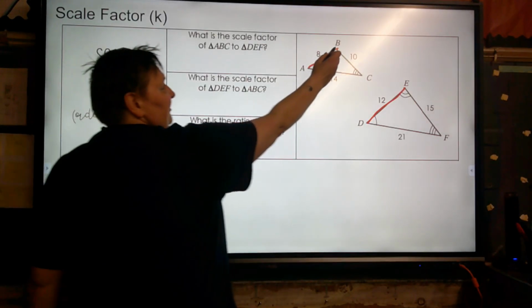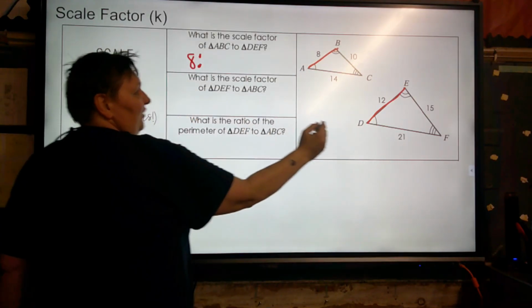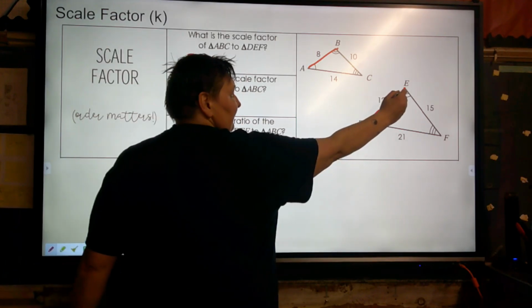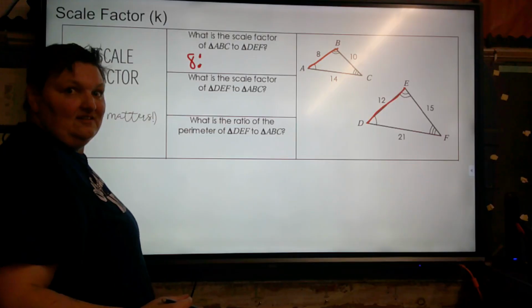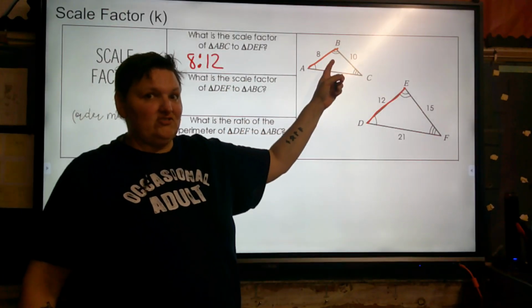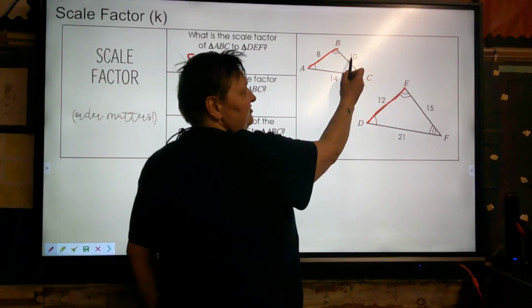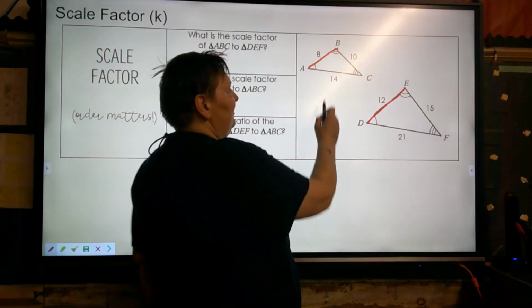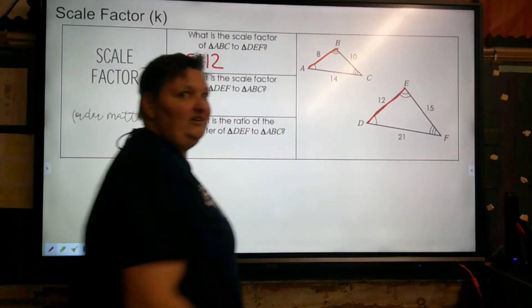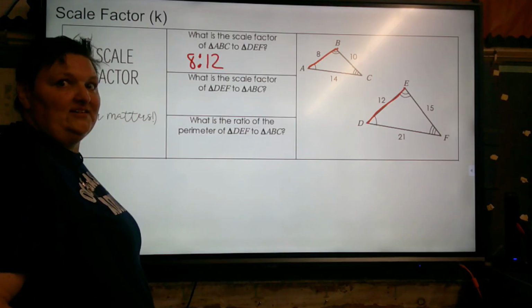So if we're going to use this side, that's an 8, and we're comparing it to 12. 8 to 12 is the ratio between this triangle and this triangle. Could I have used 10 to 15? Yes. Could I have used 14 to 21? Yes. Just pick a side.